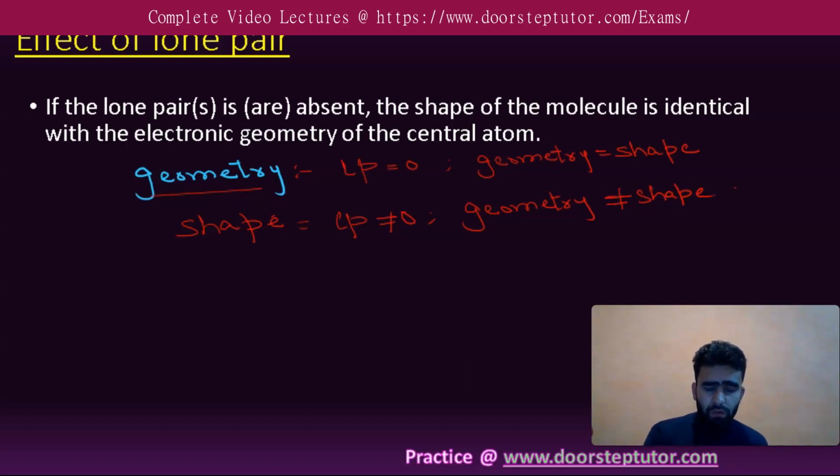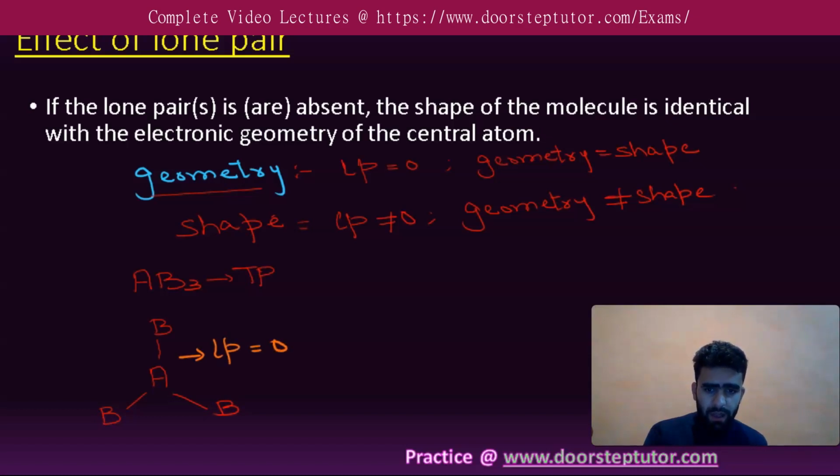Suppose we have a hypothetical molecule AB3, and it has the geometry of trigonal planar. Suppose it looks like this. Now here for this atom, the number of lone pairs is equal to 0.